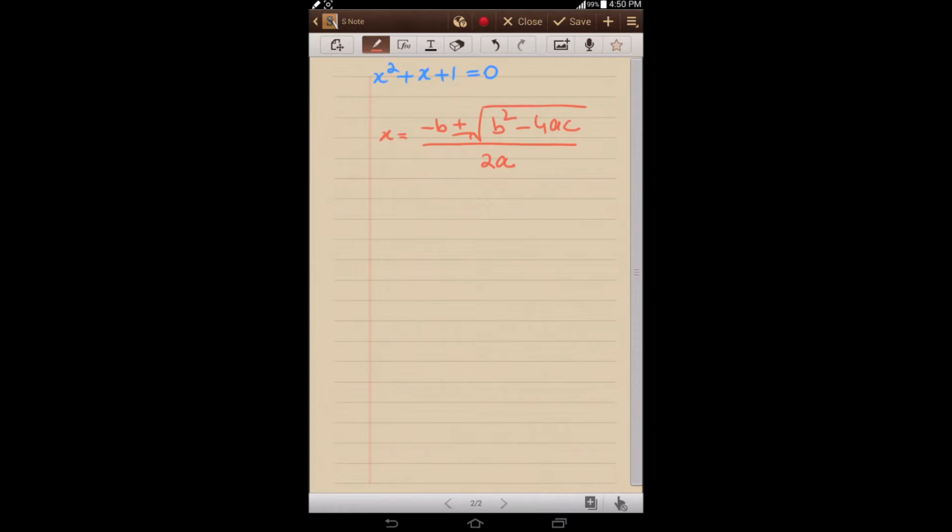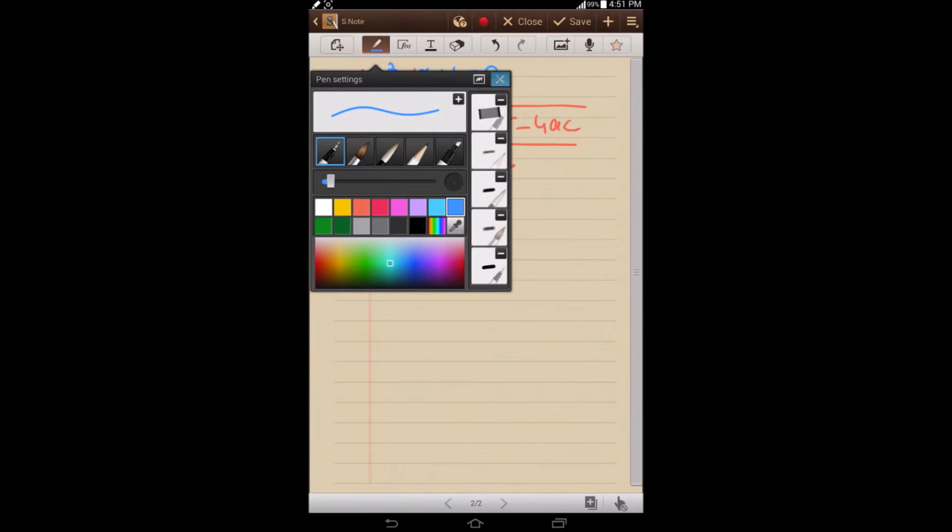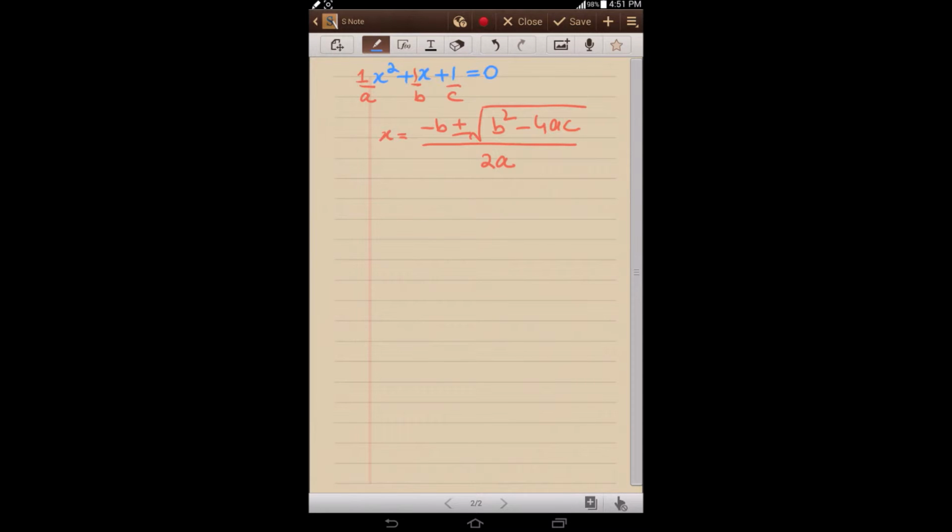And here in this equation we have a, which is 1. Then we have b, b is also 1, and c is also 1. So let's put these figures in the quadratic equation, so we will have a value of x.